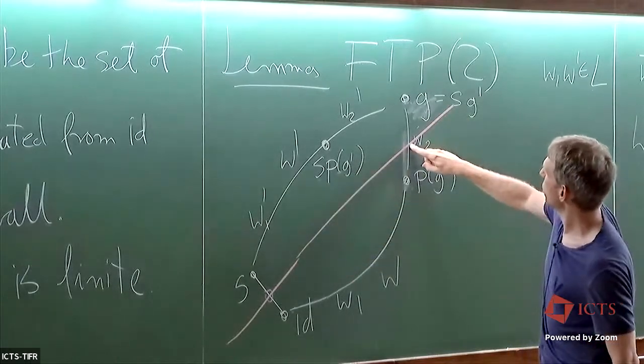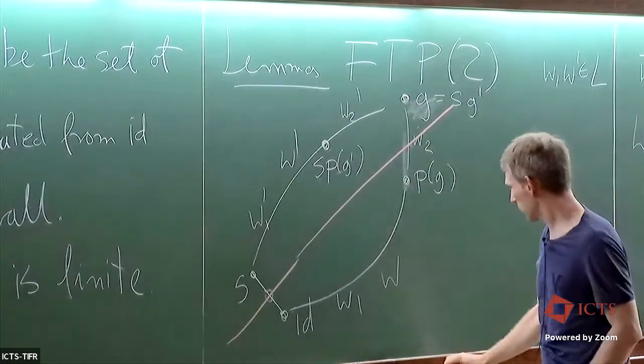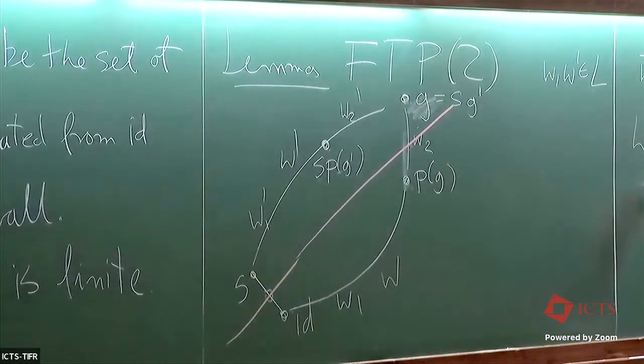And this red wall needs to appear as one of the walls closest to G.